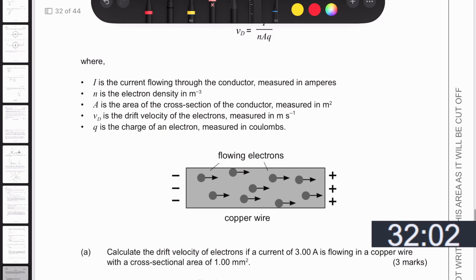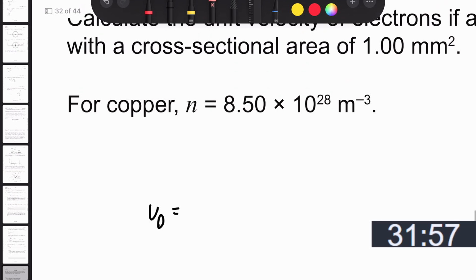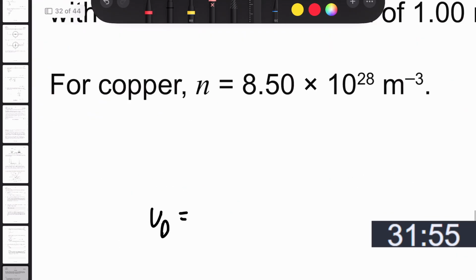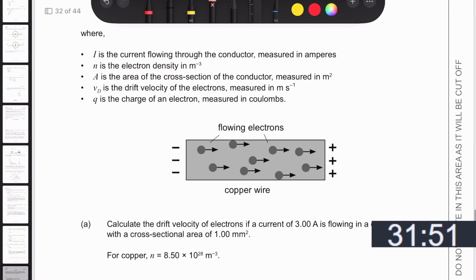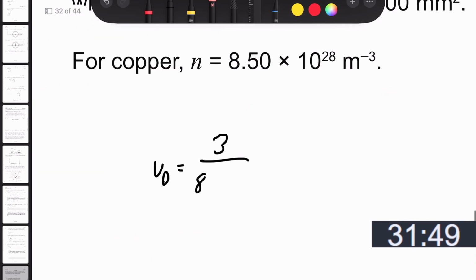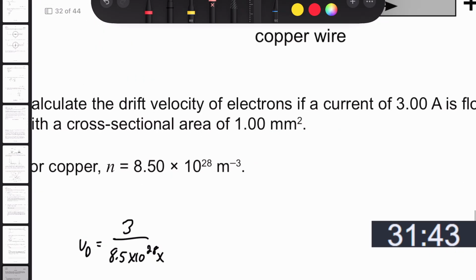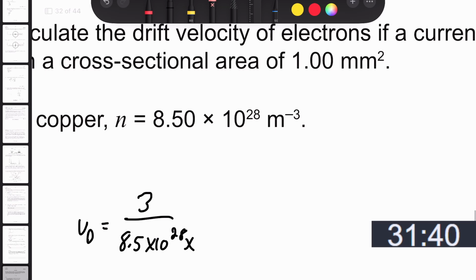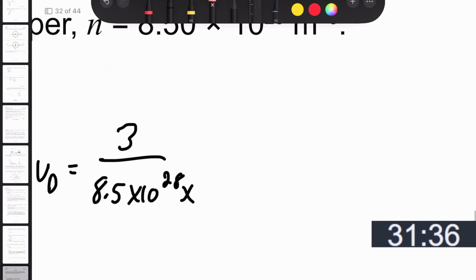Copper. Okay, so then vD is going to equal I, which is 3, all over n, which is 8.5 times 10 to the 28, times A, which is 1 millimeter in meters squared.